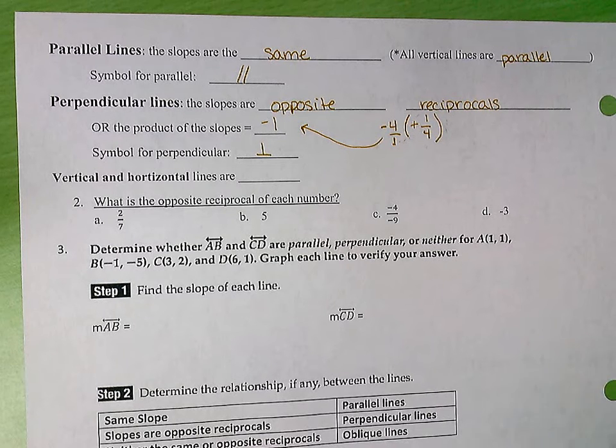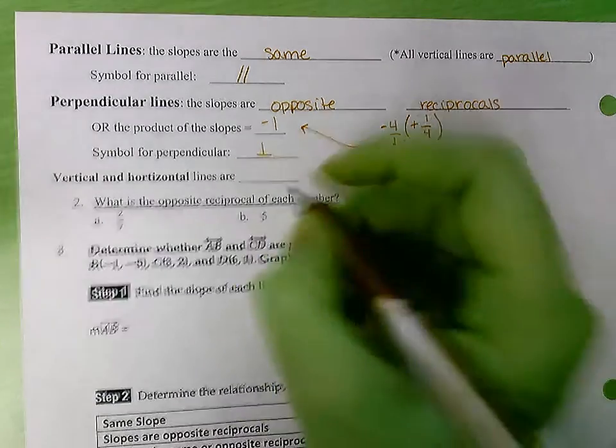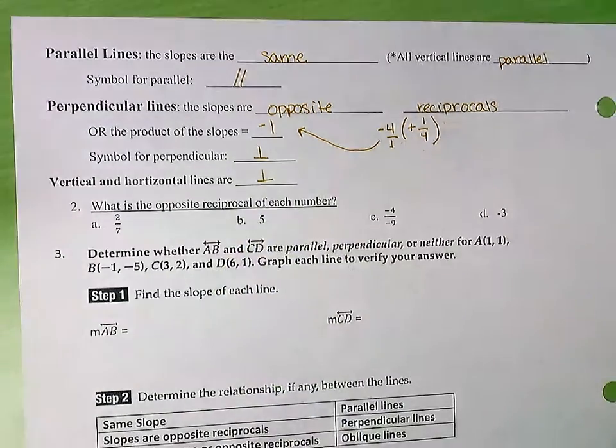Vertical lines and horizontal lines are perpendicular to each other. So if you have a slope of 0, its perpendicular slope would be undefined, and vice versa. Okay?